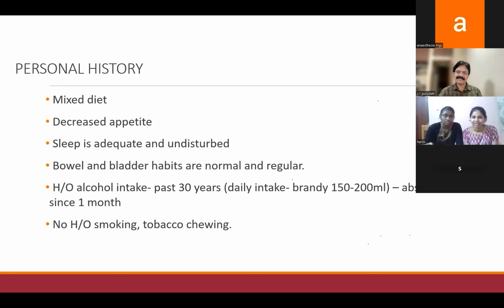One is the amount of alcohol he takes every day for a particular period of time. Second thing is his mental status.